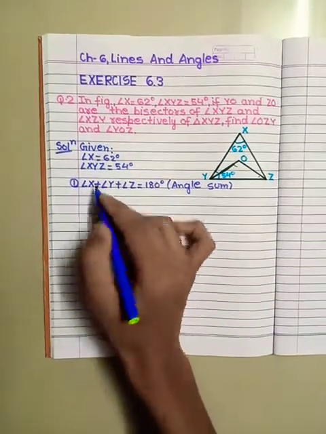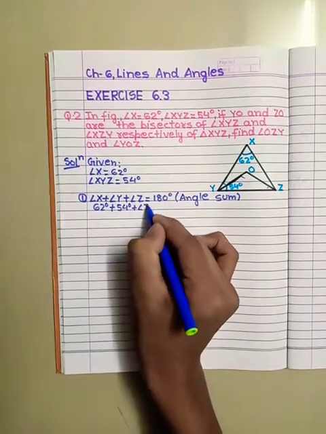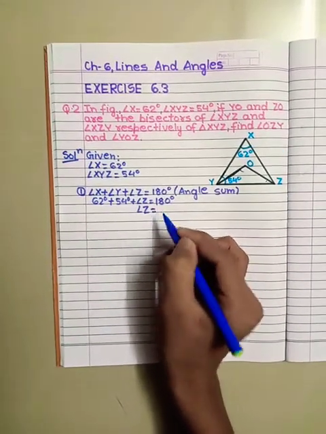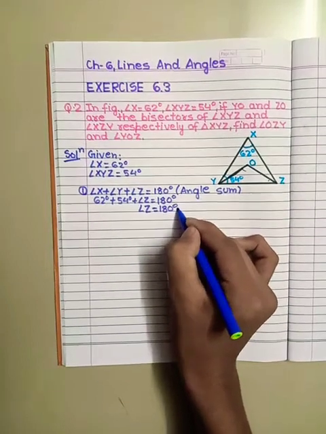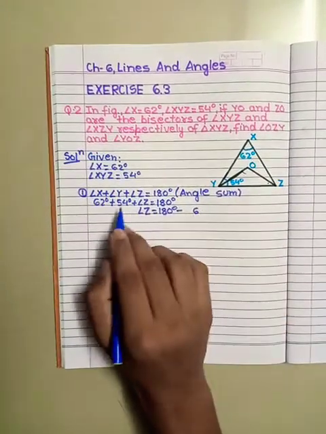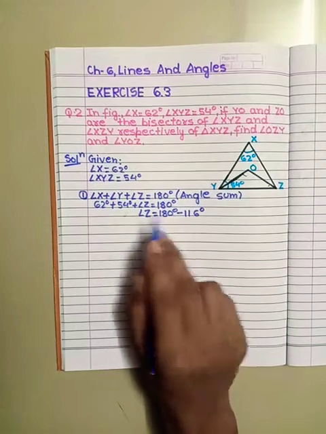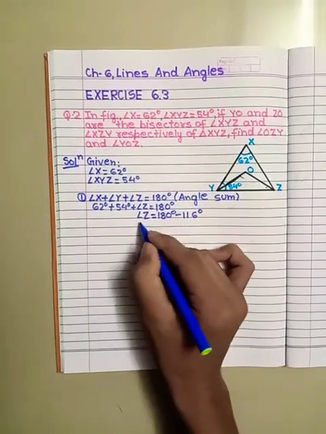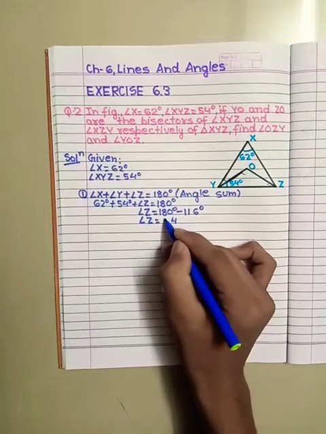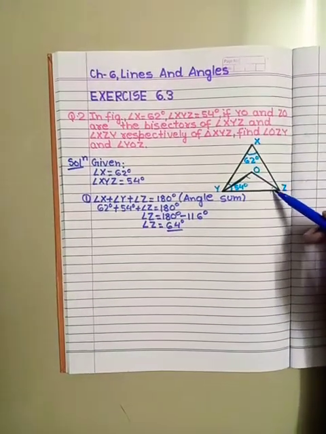Now we are given that angle X is equal to 62 degrees and angle Y is 54 degrees, and we have to find angle Z. So angle Z will be equal to 180 degrees minus, if we add 62 and 54, we get 116 degrees, and transposing 116 from LHS to RHS, its sign will change to minus. So angle Z will be equal to 64 degrees.